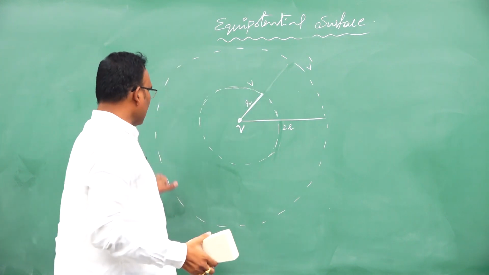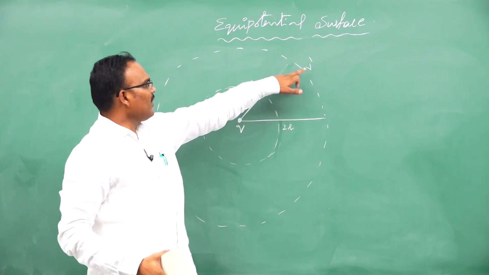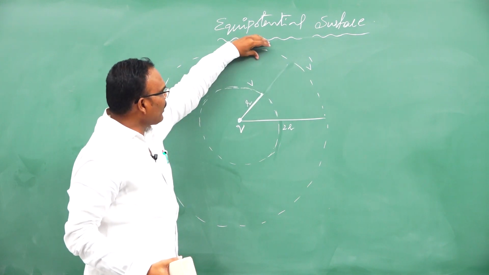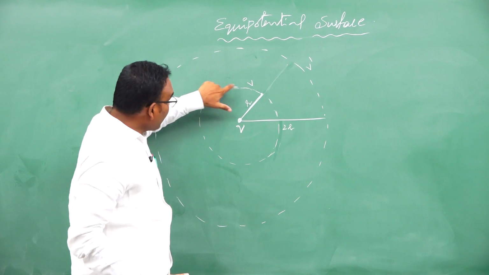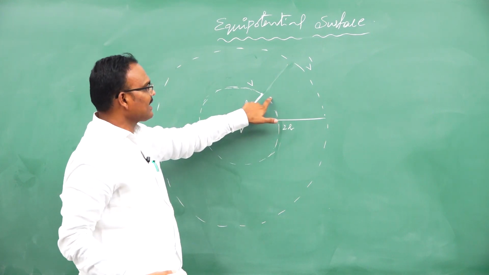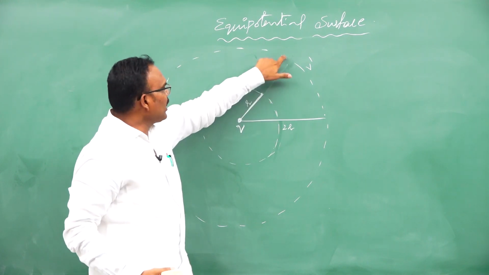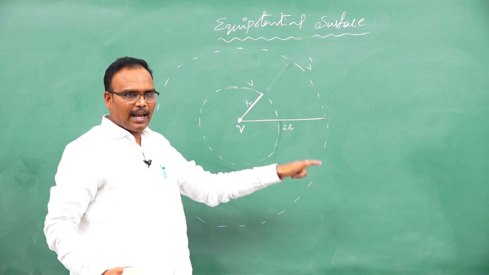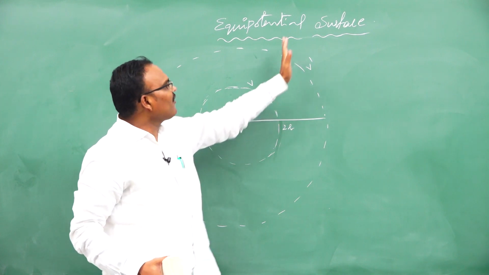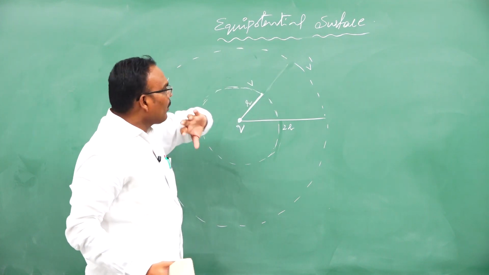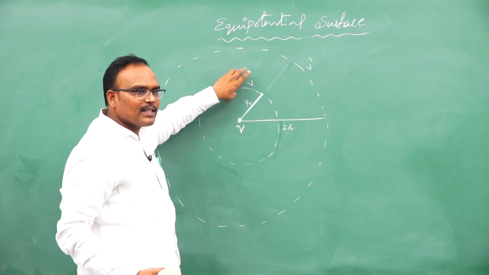Potential at any point on this sphere is V dash. So this is one equipotential surface and this is another equipotential surface, but potential on each equipotential surface is the same. For a given point charge, I may draw infinitely many equipotential surfaces, but on one surface, potential is the same.